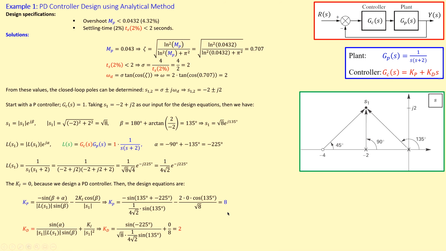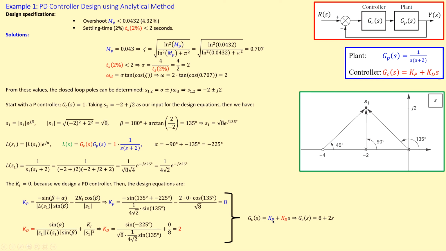Now, you also need the derivative controller part, so that the Kd, exactly the same expression for the design equation. You will substitute the values, you will have exactly 2. If you combine those two in the controller expression, which is G of C, Kp plus Kd of S, then we have actually 8 plus 2S.